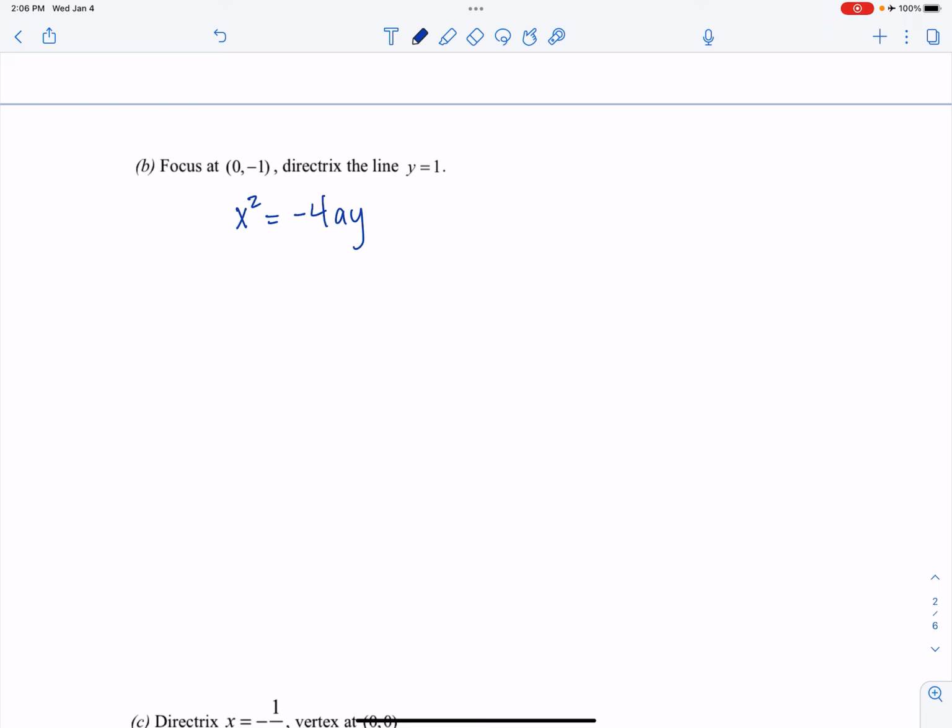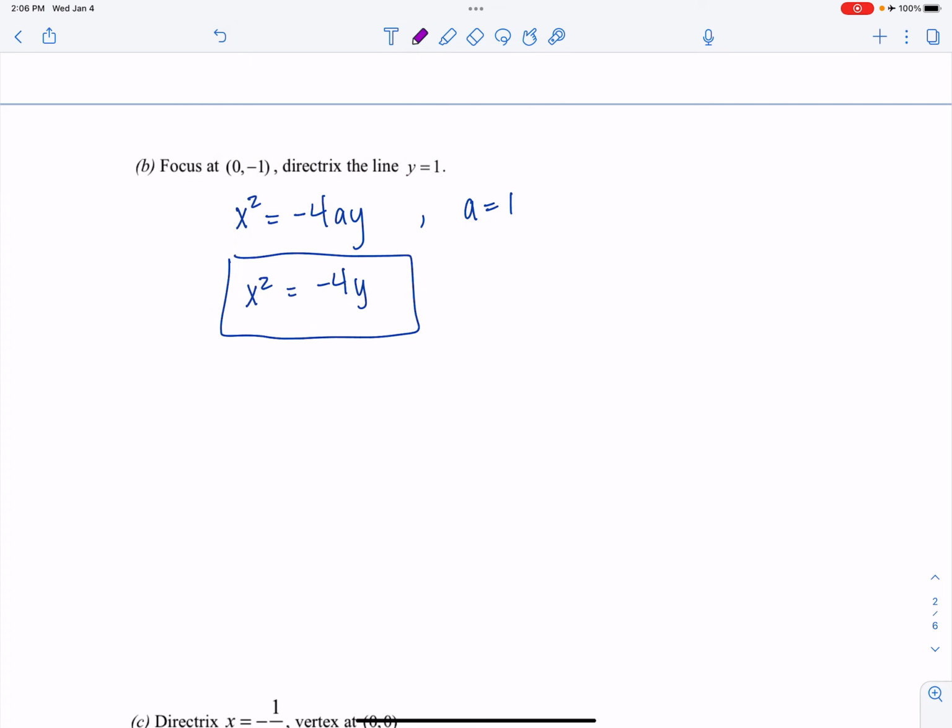And in this case, we have our directrix is the line y equals 1. That's telling us a is 1. And so x squared equals -4y is our equation.